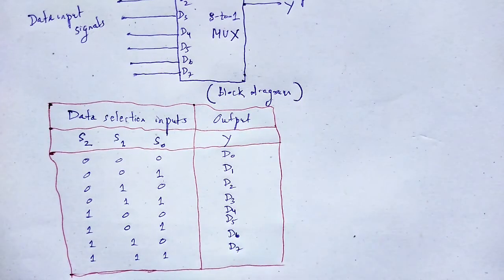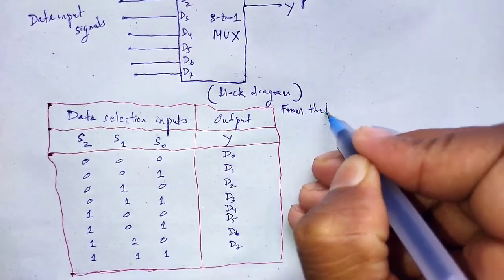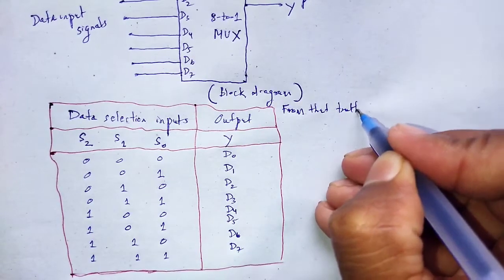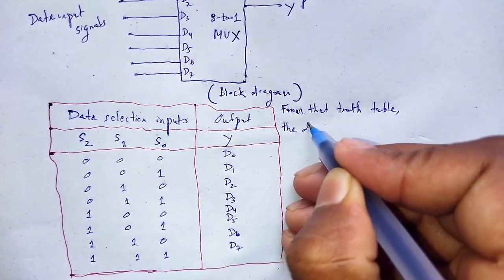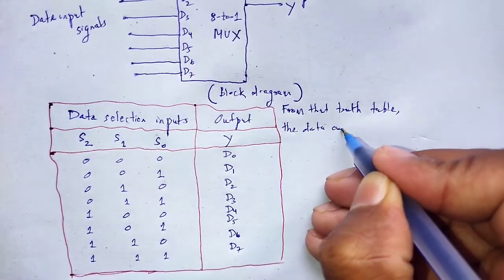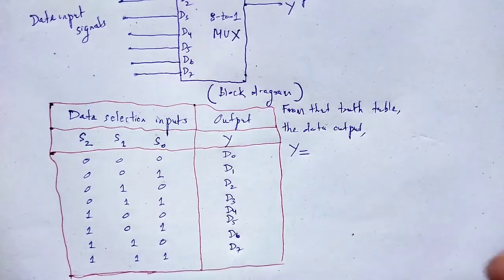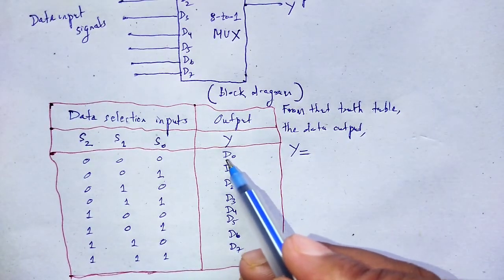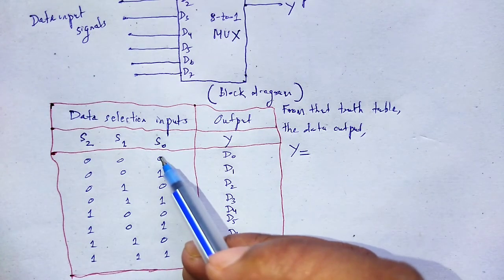From that truth table, we can easily construct the Boolean expression. The data output Y is equal to, look here, D0 with S2 0, S1 0, S0 as 0.